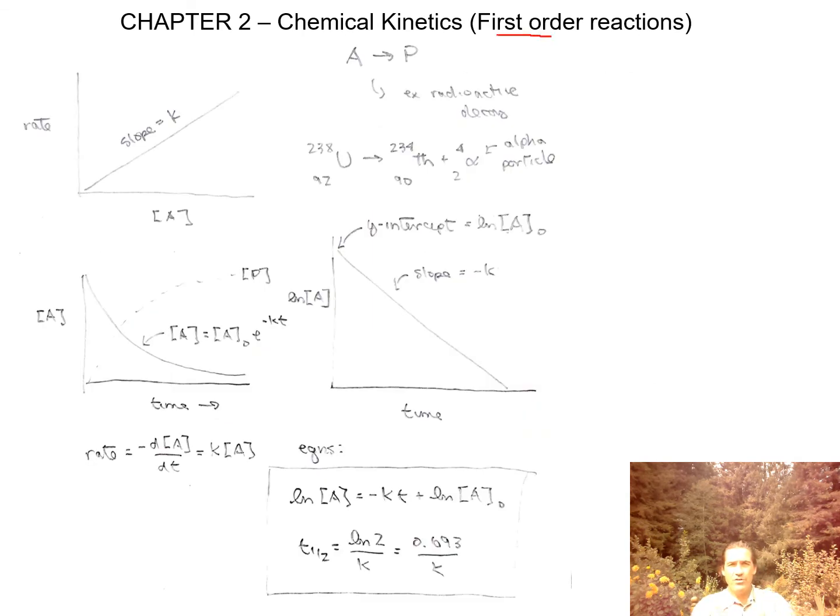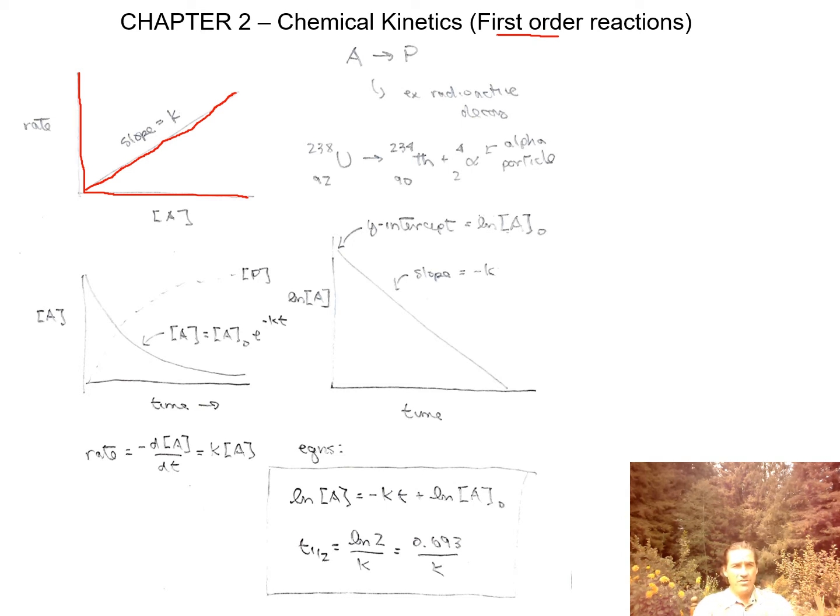So now let's do first order reactions. So in zeroth order, the rate did not change versus concentration. But here, if we plotted the rate versus concentration, we get a straight line. And what this is saying is that the rate increases as the concentration increases.